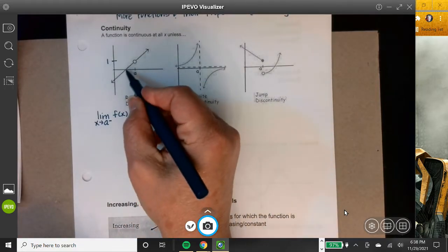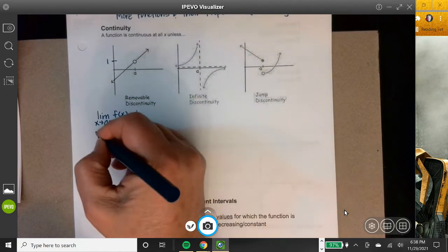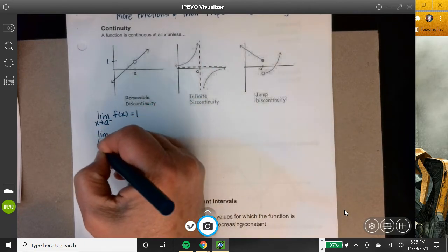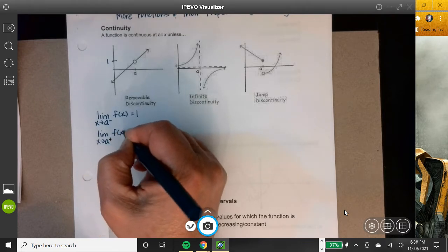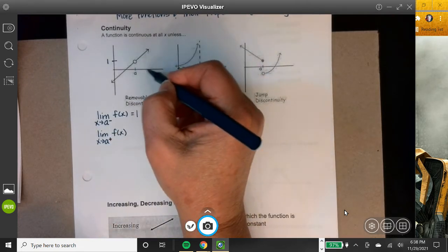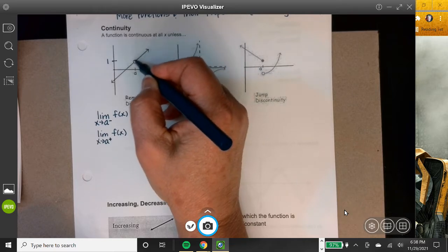From the left side, it's getting closer and closer to 1. Then the limit as x approaches a from the positive side, or the right side, as x gets closer and closer to a, my y is getting closer and closer to 1.